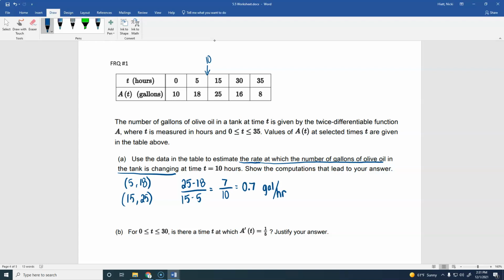They're not too picky about it. I never said anything that tells me this has to be the average, so it's probably okay to have equals here, because it is true that all these are equal. But if you did write something like A prime of 10, which is the slope at 10, to be correct, you would need to use the approximate symbol there.